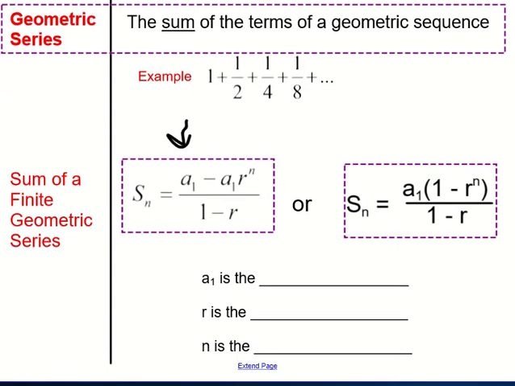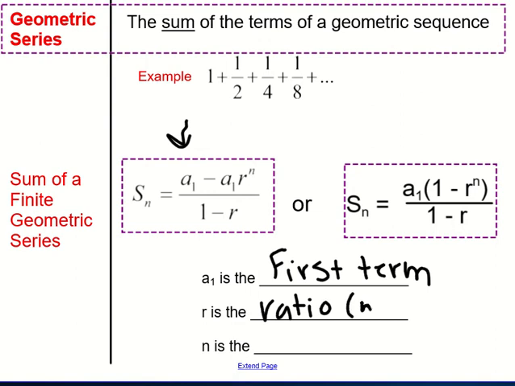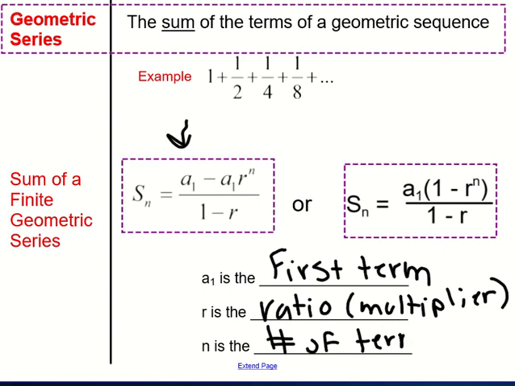In both of these equations, A1 is our first term, the r is our ratio, or our multiplier, and the n is the number of terms in our sequence, or in this case, series.